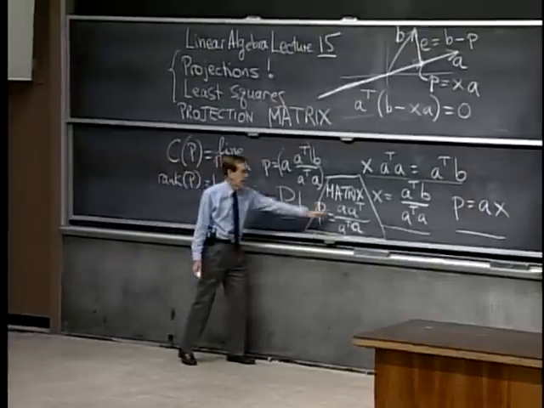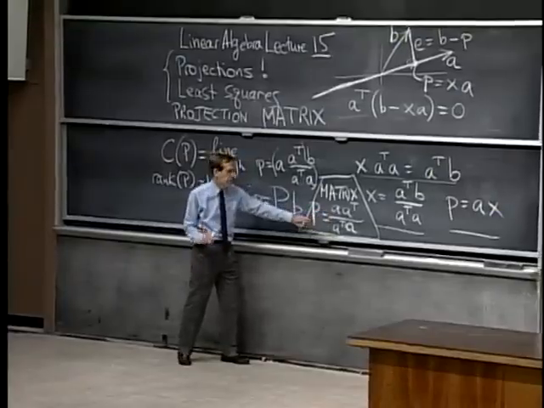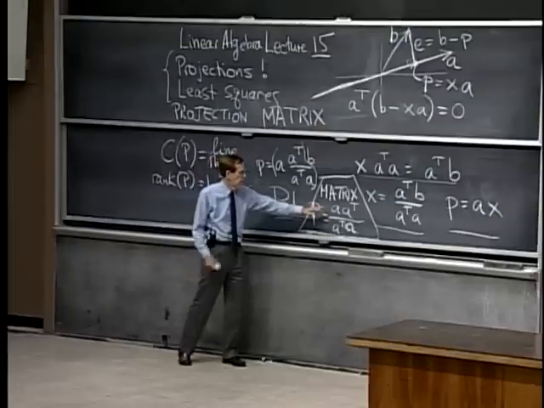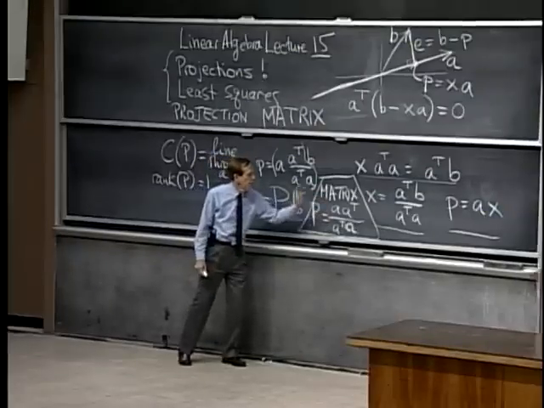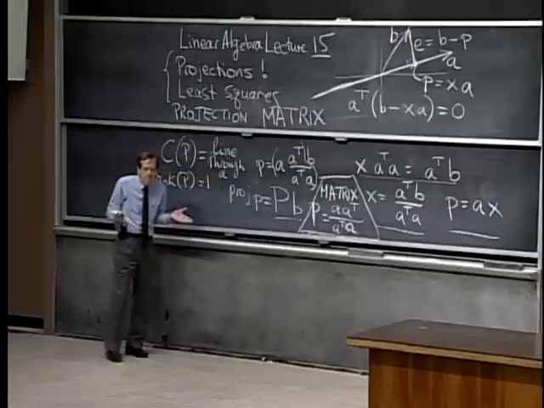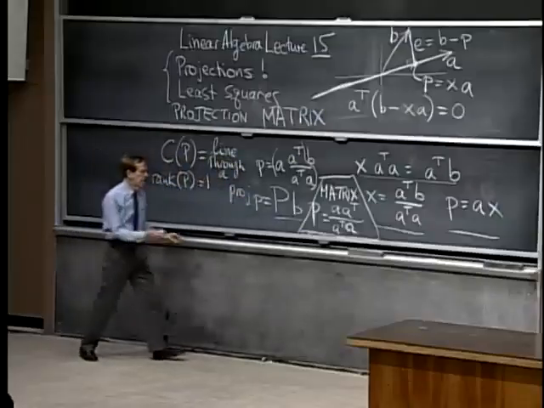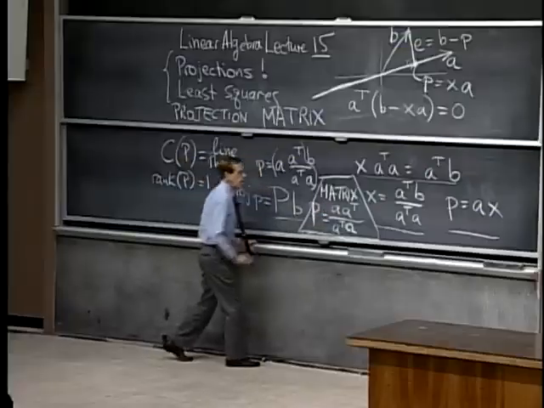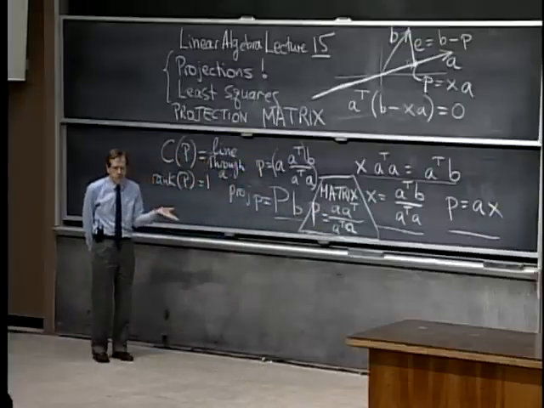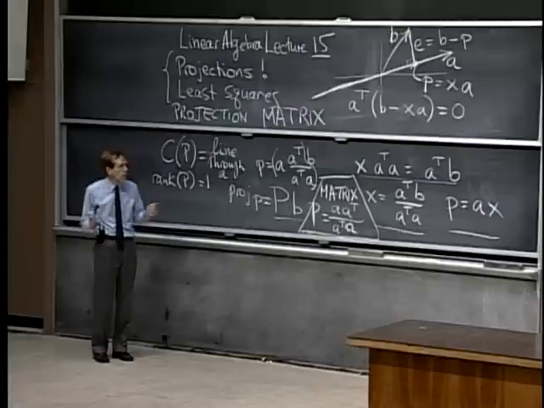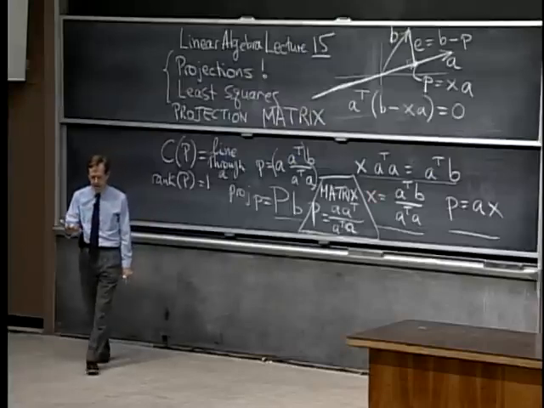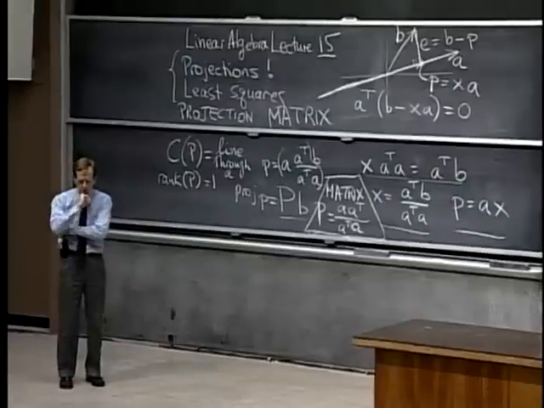Actually, it's exactly the form that we're familiar with for a rank 1 matrix: a column times a row. That's a rank 1 matrix. That column is the basis for the column space. Just one dimension.